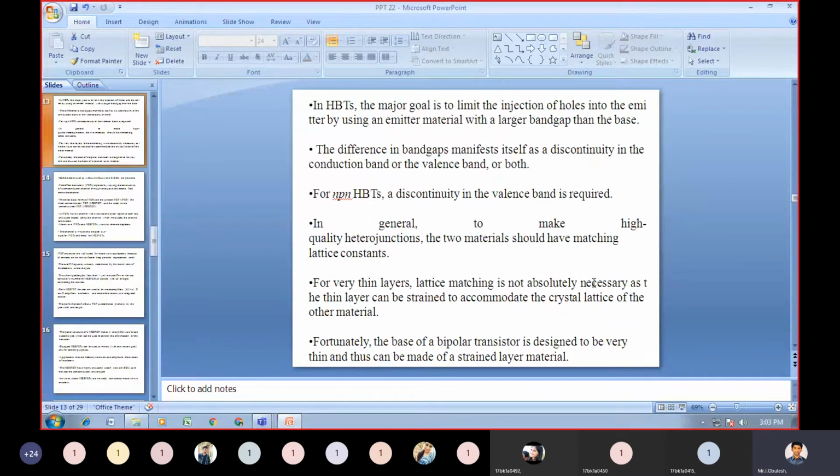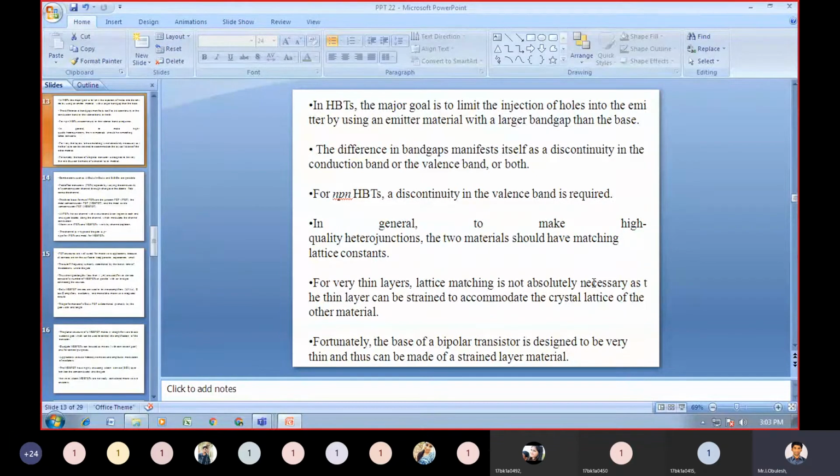In HBTs, the major goal is to limit the injection of holes into the emitter by using an emitter material with a larger band gap than the base.